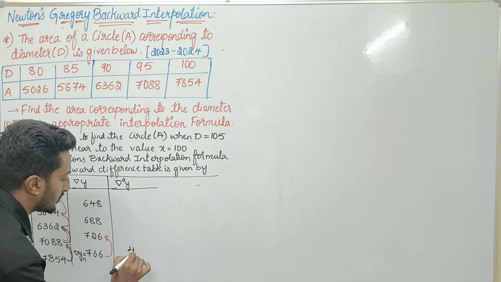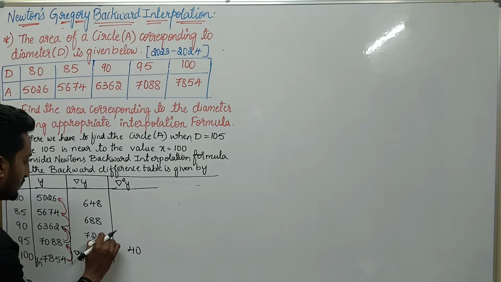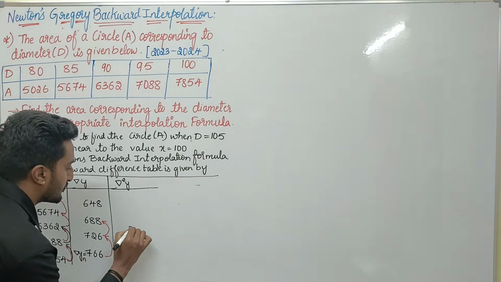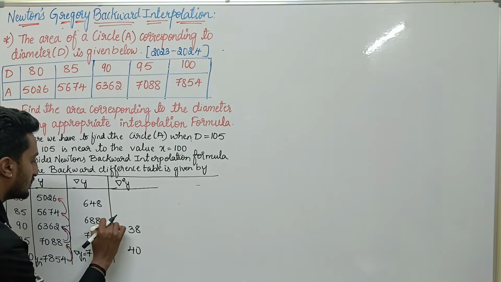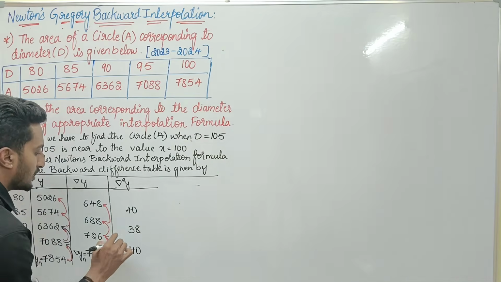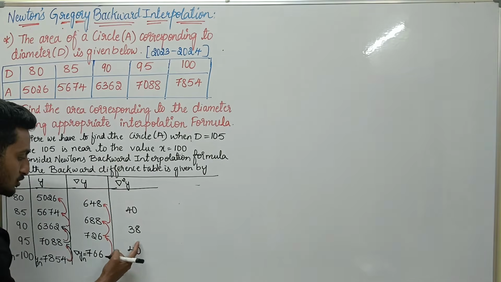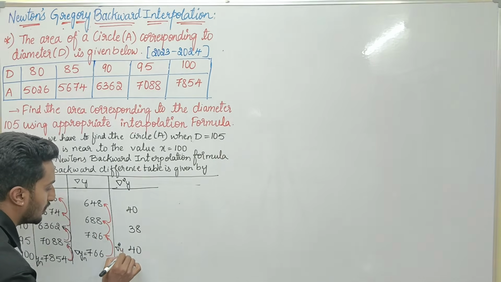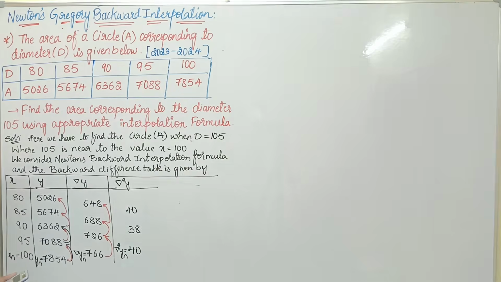Next, 726 minus 688, you get 38. The next is 688 minus 648, that is 40. Since I am going to consider the last one, backward square of yn equals 40.